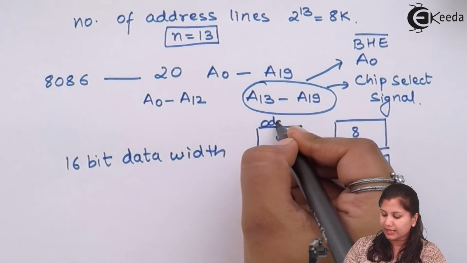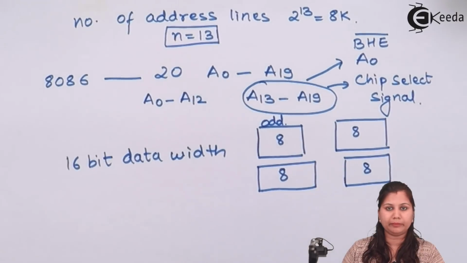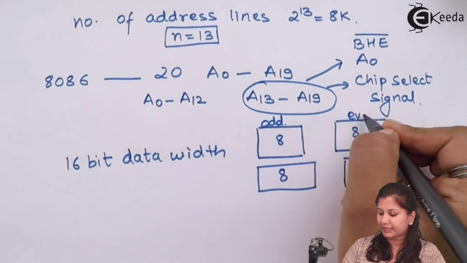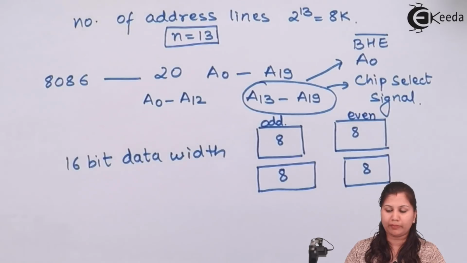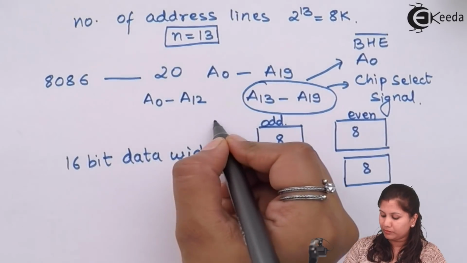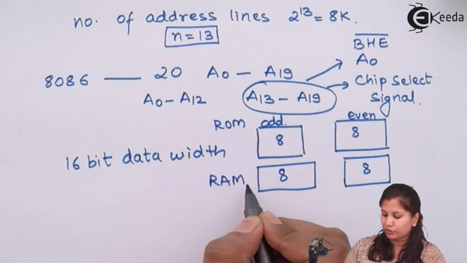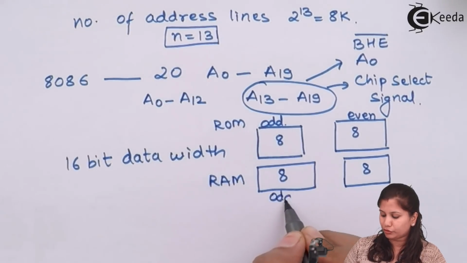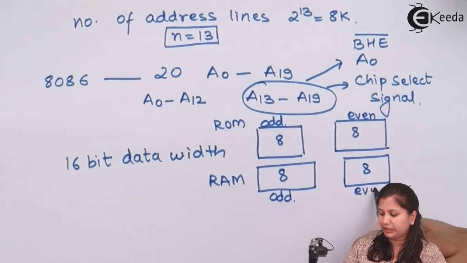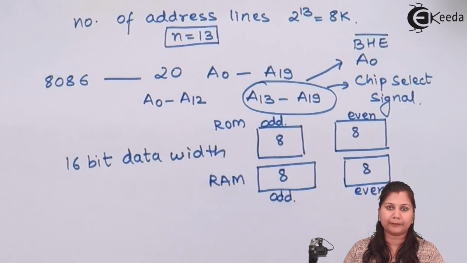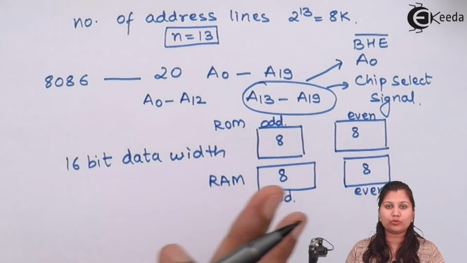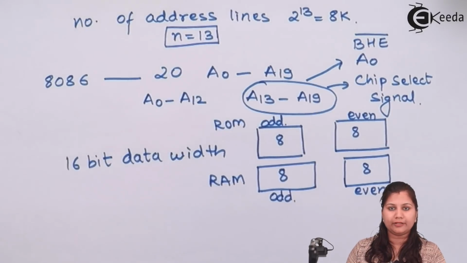One will act as the odd memory bank, the second will act as the even address memory bank. This is for ROM and this is for RAM. So for RAM we will have one for the odd and one for the even address memory bank. In this way we are going to arrange the memory chips.